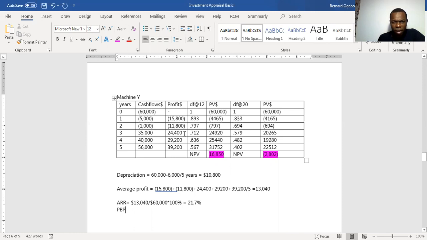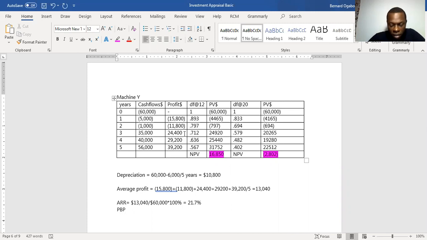By year two, we already have 15,800 minus 11,800 gives me 27,600 negative. By year three, I have 24,400 positive.